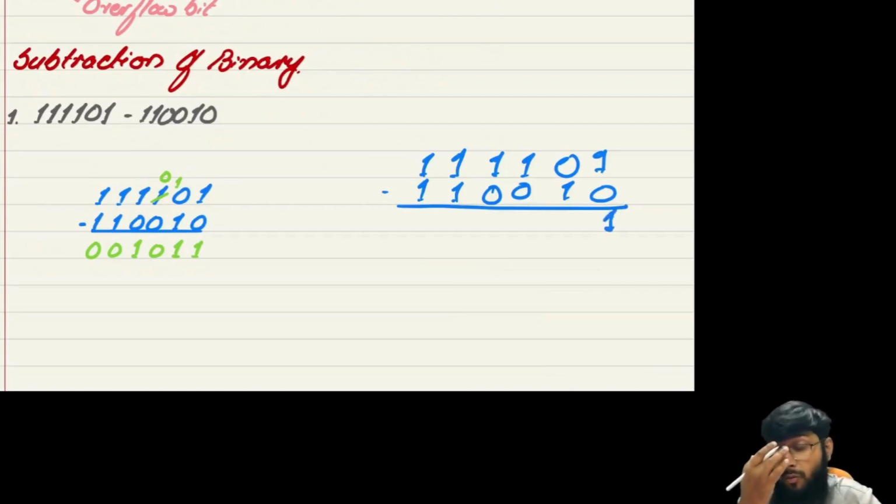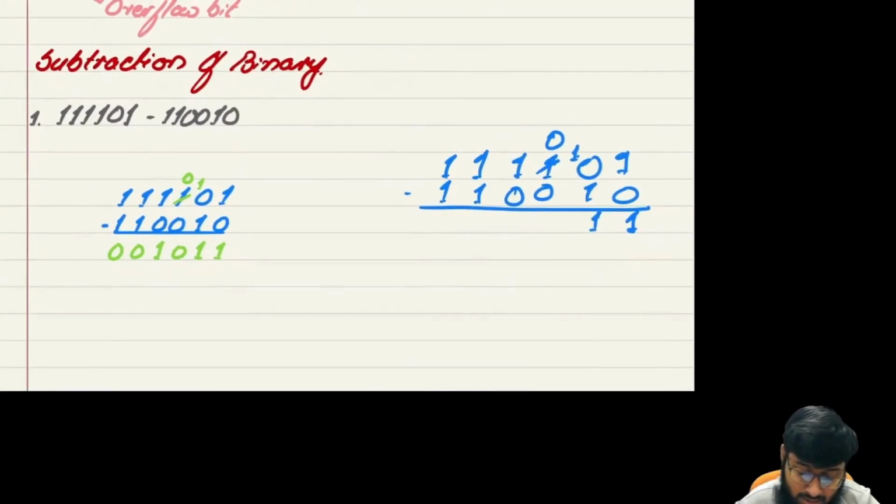Now 0 won't be able to subtract 1 from it, so we will be taking a borrow from here. It will itself become a 0, and now this will become a 1 0. Now 1 0 represents a 2, so 2 minus 1, or 1 0 subtracted 1, will give you a 1 in the answer. 0 subtracted 0 will be a 0, 1 0 and a 0. So this is how subtraction of the binary is done.